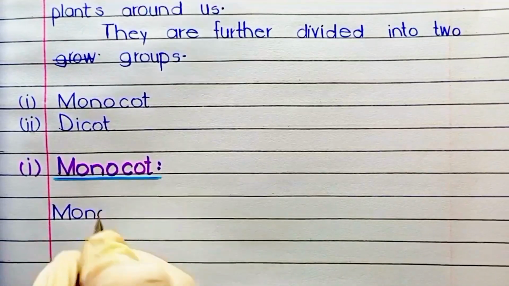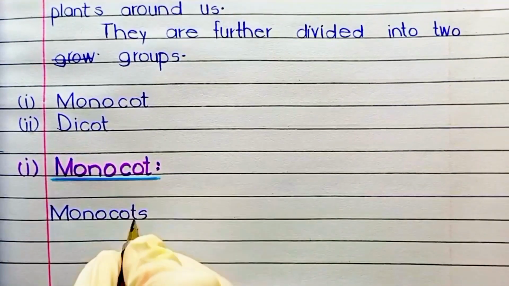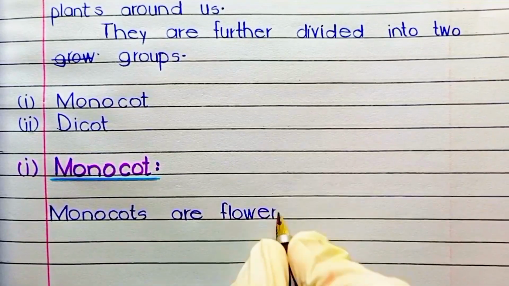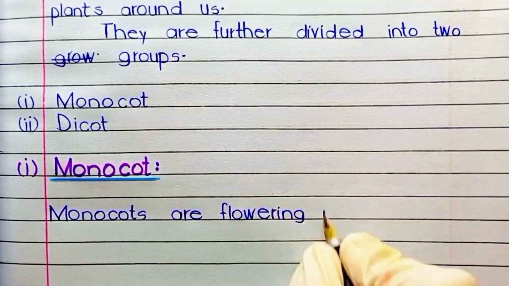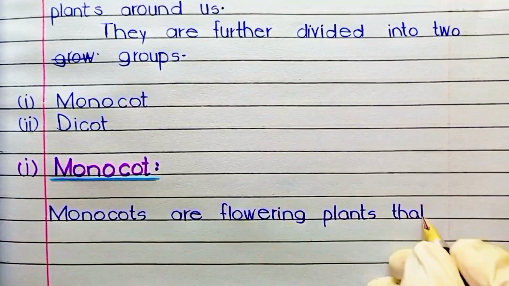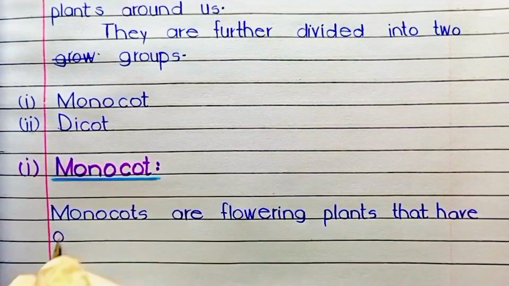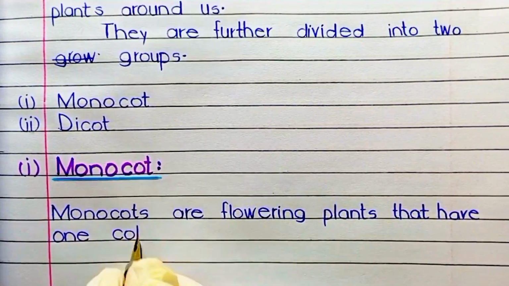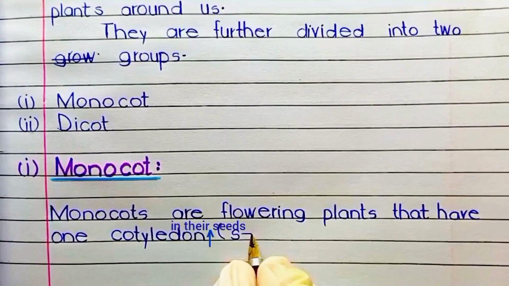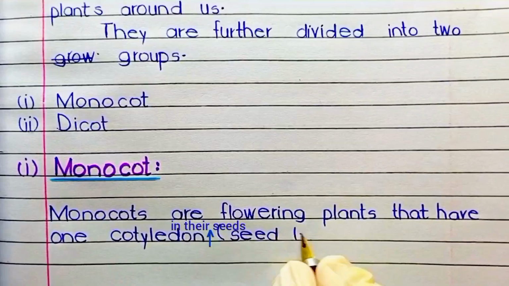Monocots are flowering plants that have one cotyledon. It means seed leaf in their seeds.